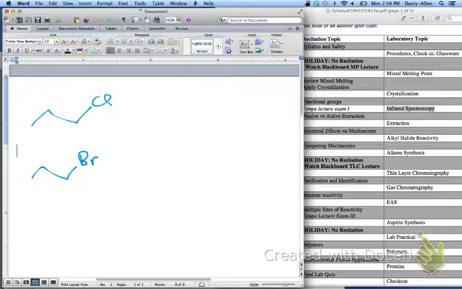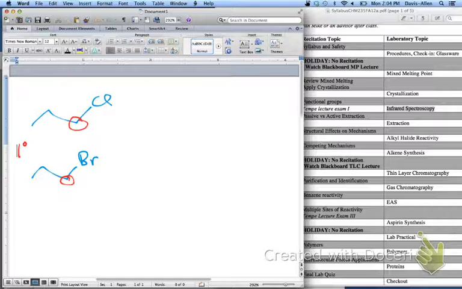SN2, because if we take a look where our leaving group is attached, what can you tell me about that carbon? It only has one carbon attached to it, so these would be primary substrates. Primary would suggest the SN2 mechanism.